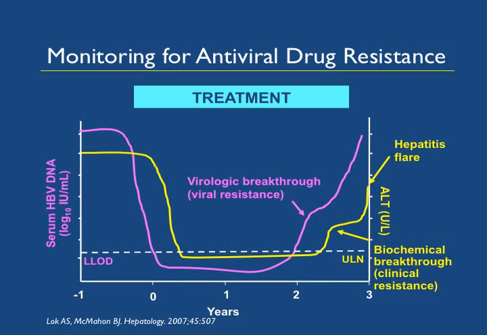When the virus DNA goes from undetectable to detectable or has a greater than 10-fold increase, we say that this is a viral breakthrough. It is important to monitor viral load because if you wait until the liver enzymes start going up and the patient starts having symptoms, it will be late, because viral breakthrough is actually the first indication of drug resistance. However, viral breakthrough can also occur if your patients are not compliant and do not take the medicine on a regular basis.